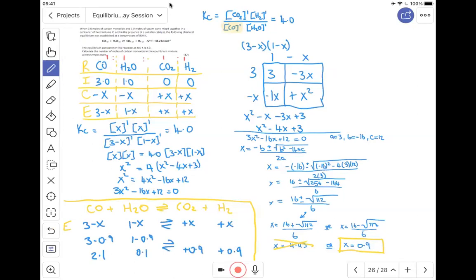And you are asked to calculate the number of moles of carbon monoxide at equilibrium. So the number of moles of carbon monoxide at equilibrium is 2.1, and I've just boxed it off there, and I will also highlight it for you. So that is your answer to find the concentration of your carbon monoxide at equilibrium.